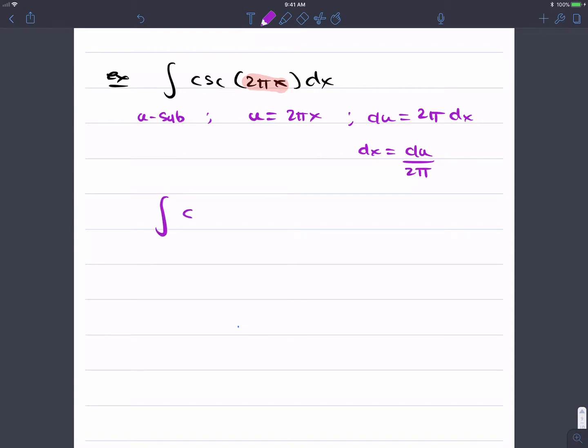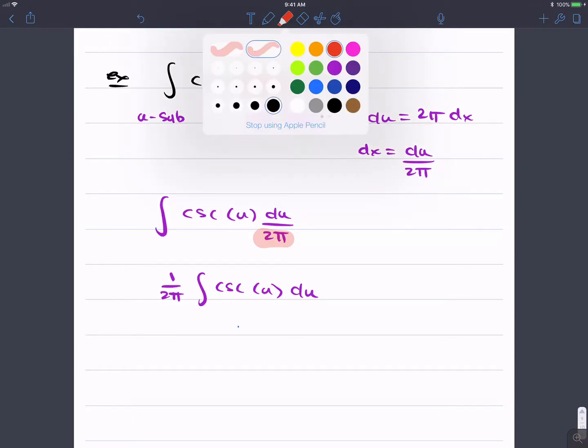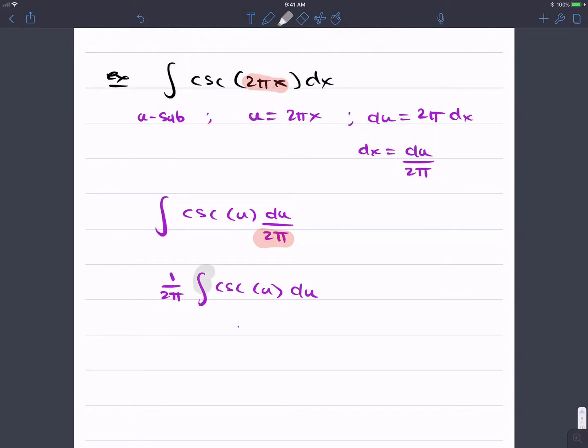So my integral here will be cosecant of u. Dx becomes du over 2 pi. Now, this is my factor 2 pi. That comes out. I have 1 over 2 pi integral cosecant u du. So, we're going to need a formula for cosecant u du.